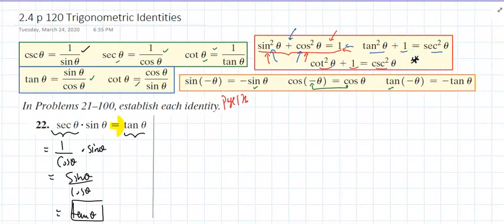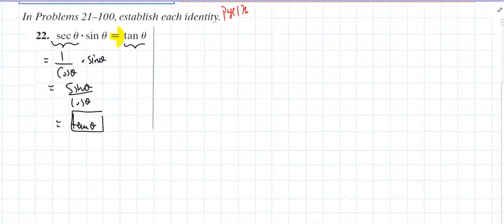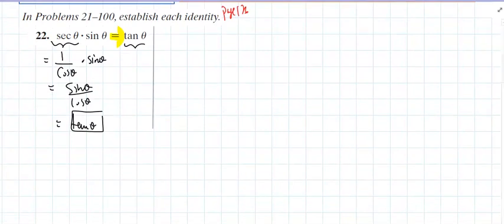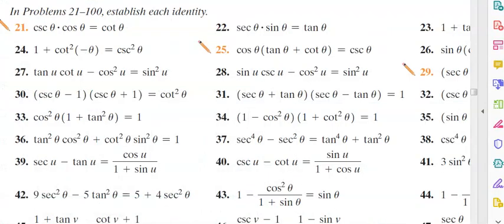And if they're not squares, most likely I'm going to write everything in terms of sine and cosine and simplify. And that should do the trick for most of the problems. Simplify means if I see a fraction, get a common denominator. If I see a complex fraction, clear the denominator out, make it a single fraction. If I see a chance to factor, I would.